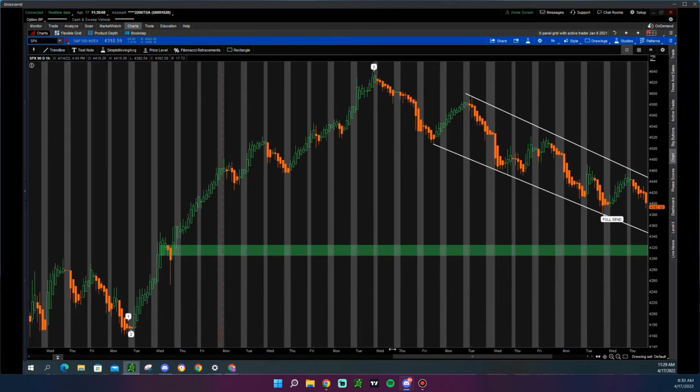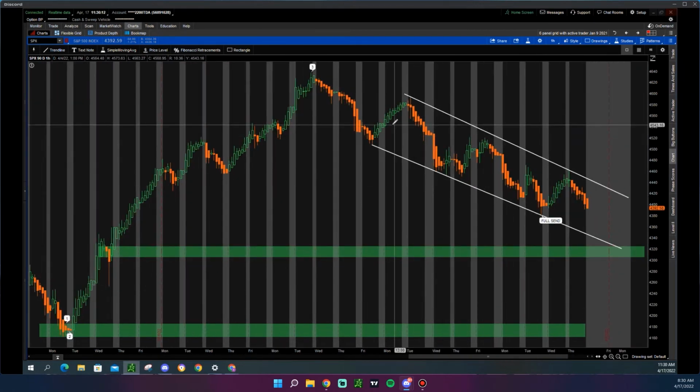The OCOs on the Active Trader? On Active Trader, thank you. Yeah, you can use bracket orders on Active Trader to do your stop loss and your profit. So as soon as you place the order, you already have a stop loss and a take profit in place. You don't have to touch anything. And most traders do that. I would say 80% of them are doing that, OCOs.